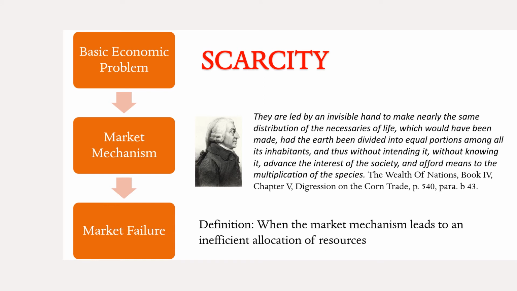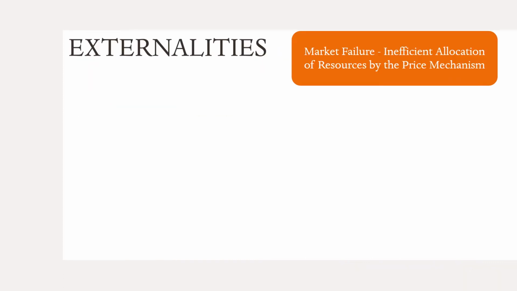And you've guessed it, one of the reasons why markets fail is due to the existence of externalities. Therefore, we can say that due to the existence of externalities, the market mechanism will lead to an inefficient allocation of resources.